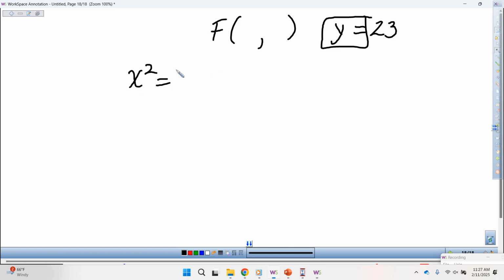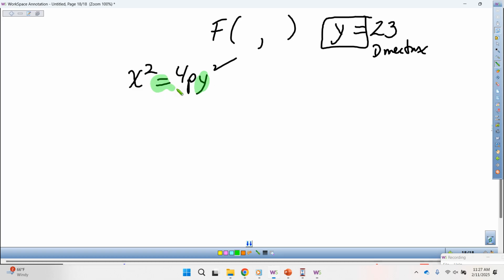X squared equals 4py. Tell your neighbor why I'm going to use this equation. Yes, because the directrix starts with y equals.